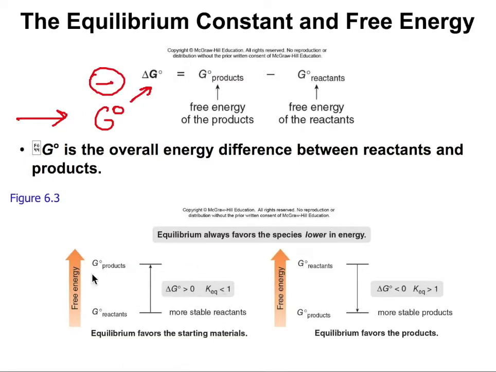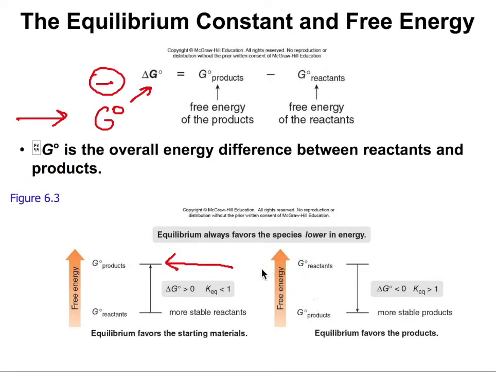So let's look at two examples here. When the delta G is positive, that means that the K equilibrium is smaller than 1. And so the reaction will proceed backwards, because the energy of the products will be larger than the energy of the reactants. So the equilibrium goes back.